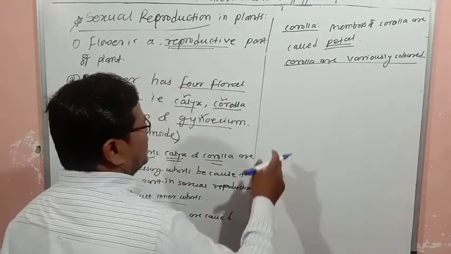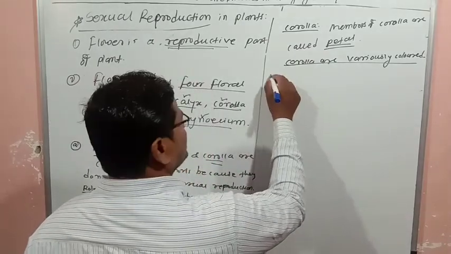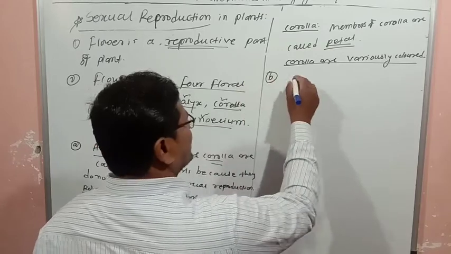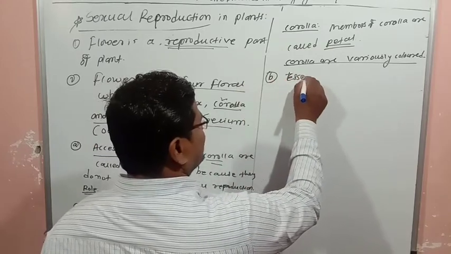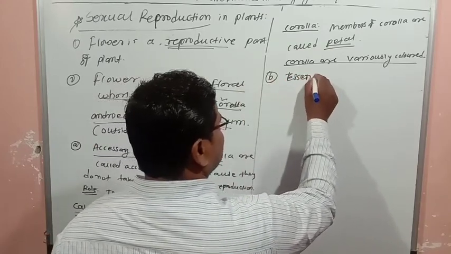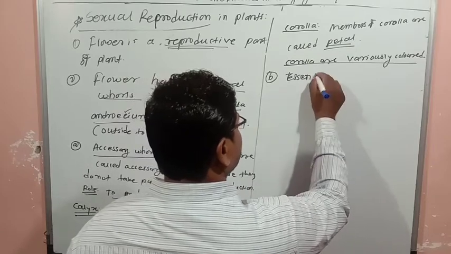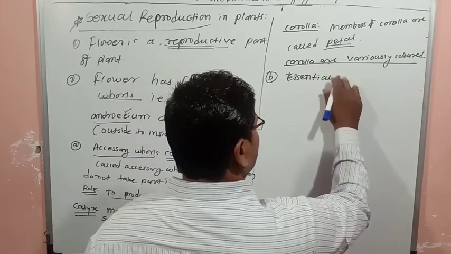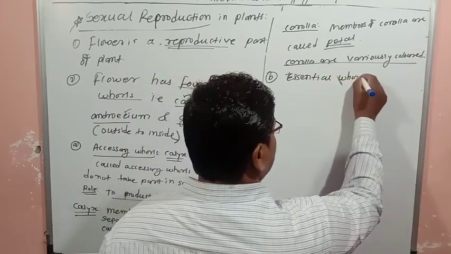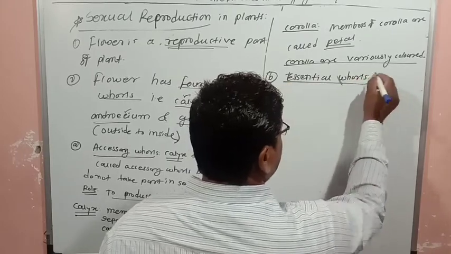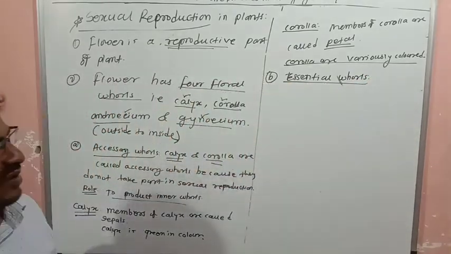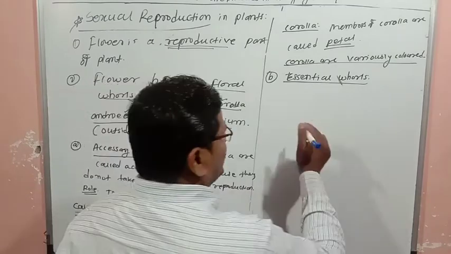Next, suppose B point, you can take essential whorls. Which are the essential whorls?